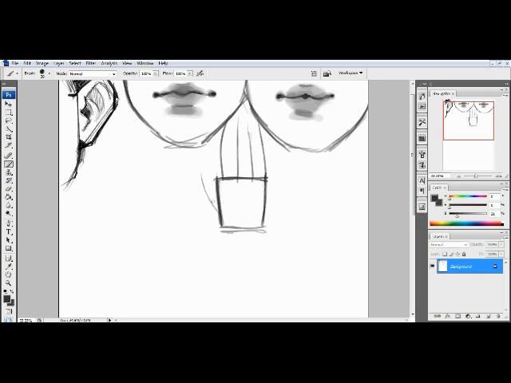The way a hand works is pretty much like this, these shapes. And then you can just fill these in with fingers.